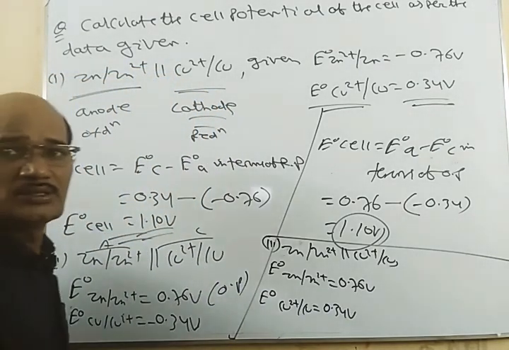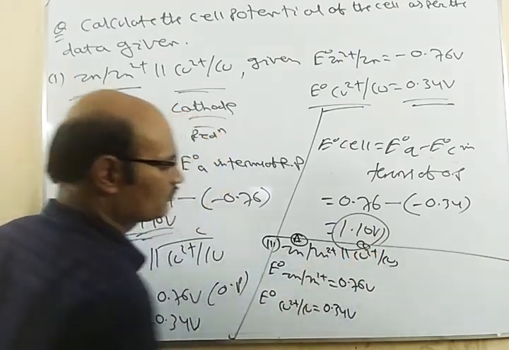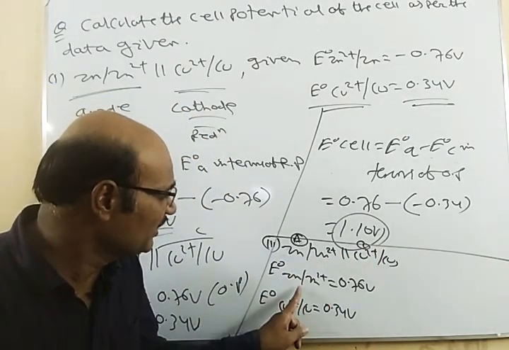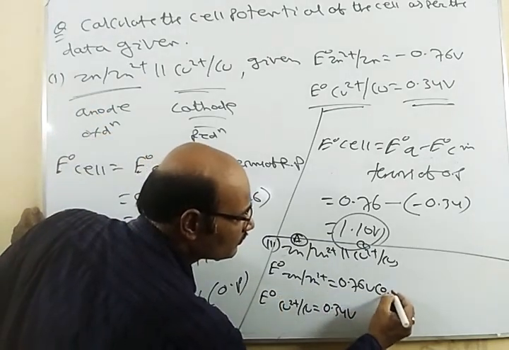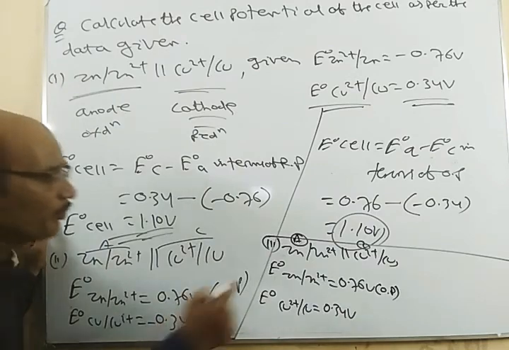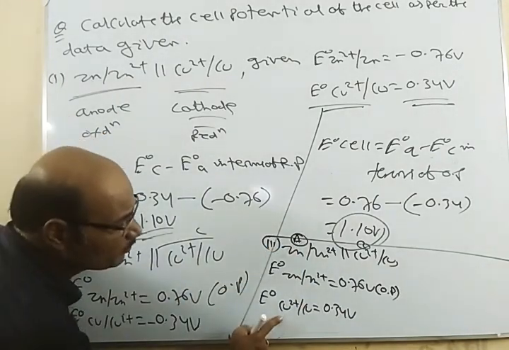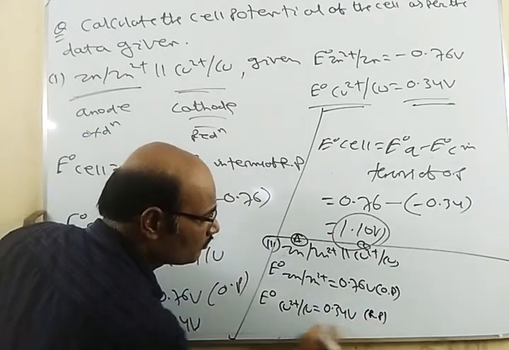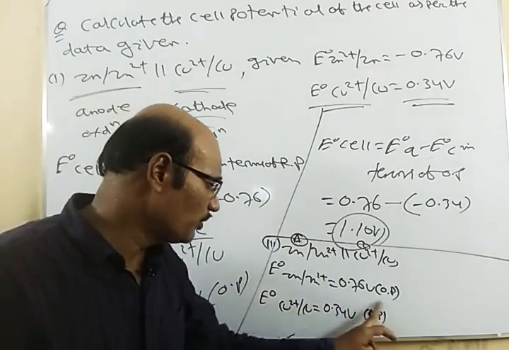Here, OP is given for the anode, Zn2 plus, and RP is given for the cathode, Co2 plus by Co. So RP for the cathode and OP for the anode.